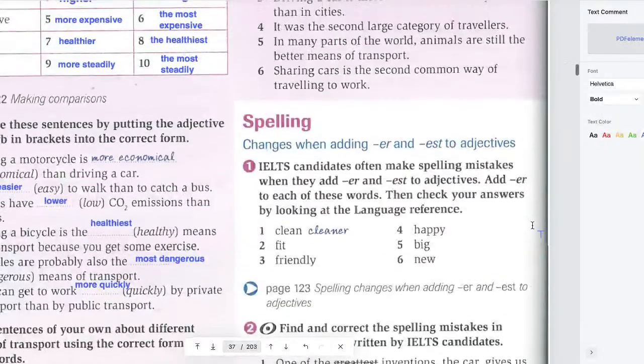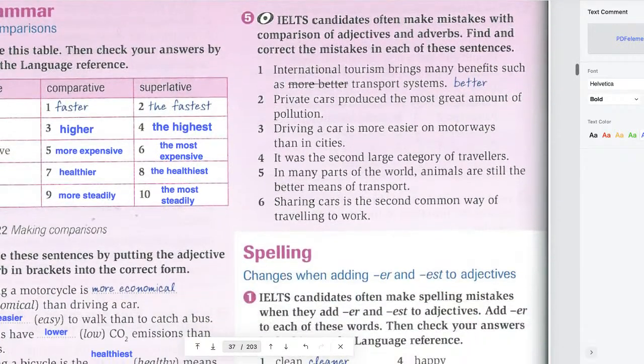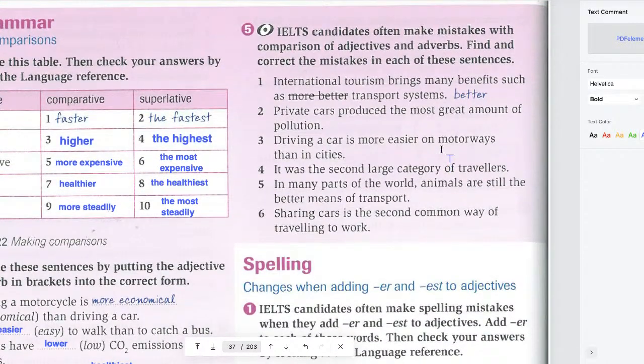Alright, now exercise 5. Hân, read that. IELTS candidates often make mistakes with comparison of adjectives and adverbs. Find and correct the mistakes in each of these sentences. Number 1 has been done for you.